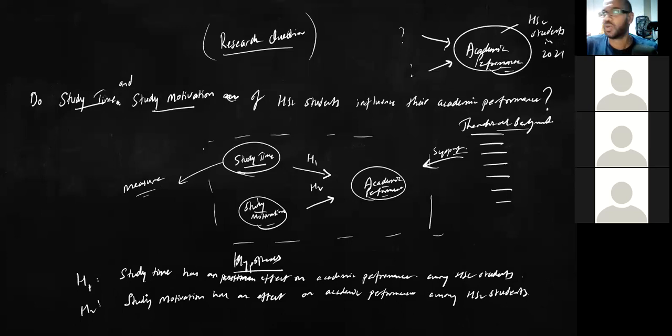So you have your hypotheses spelled out. It's understood, of course, that you have your null hypothesis for each, your corresponding null hypothesis. Can anyone tell me, for your H1, what's going to be your null hypothesis?